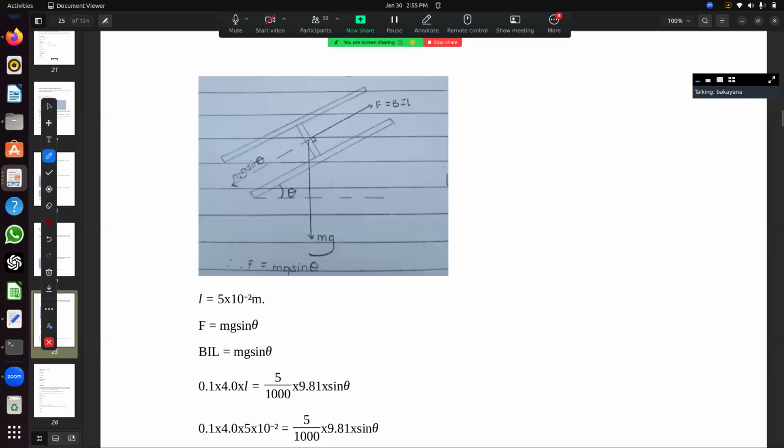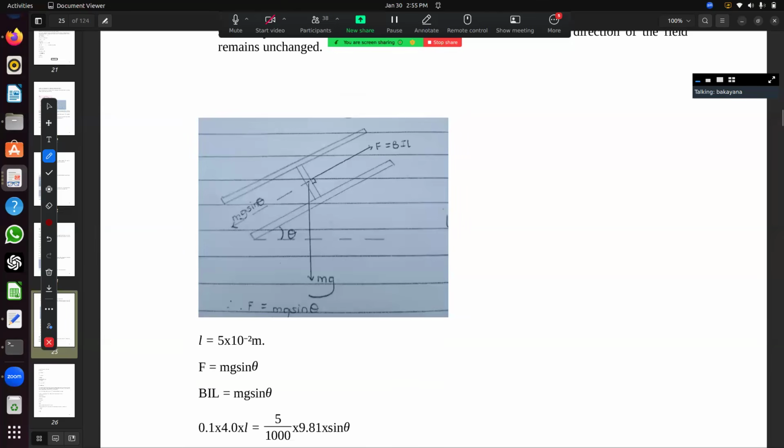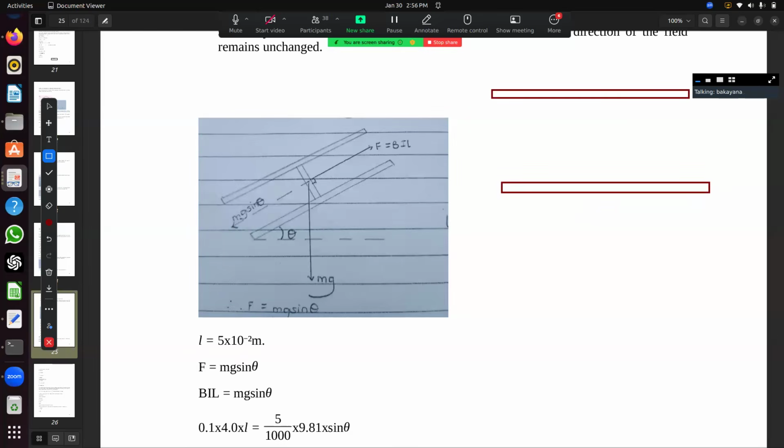What we've worked out here is very simple. Remember, for the rod to move, if these are my two rails and I have a rod like that, this rod moves along the rail because of the force exerted on it.